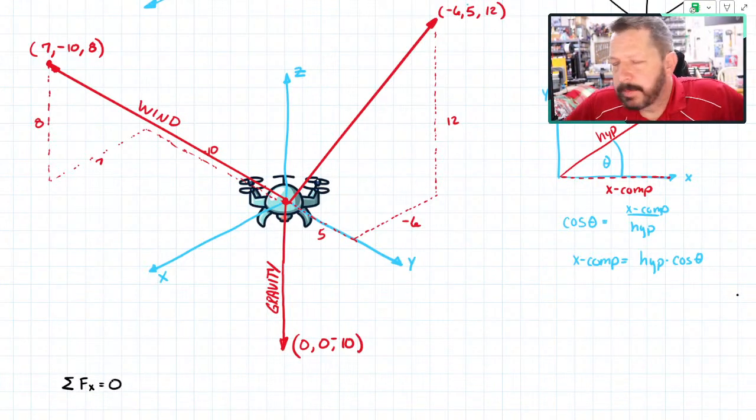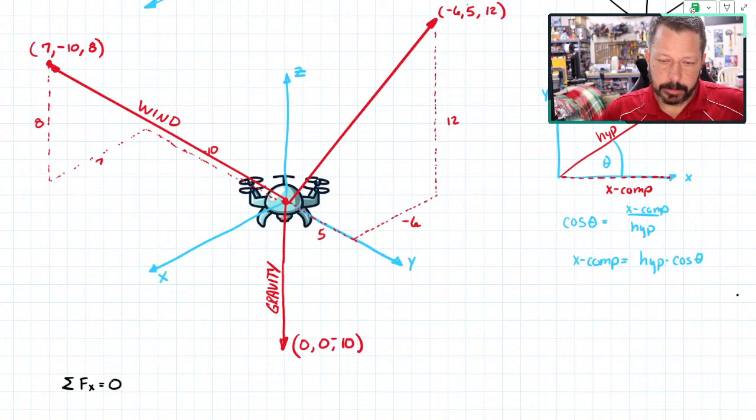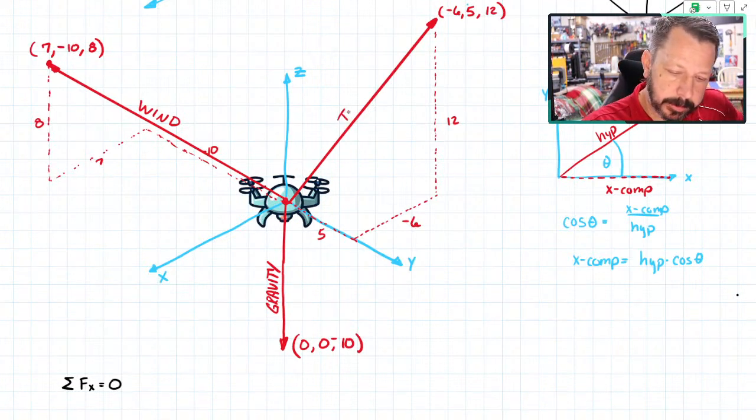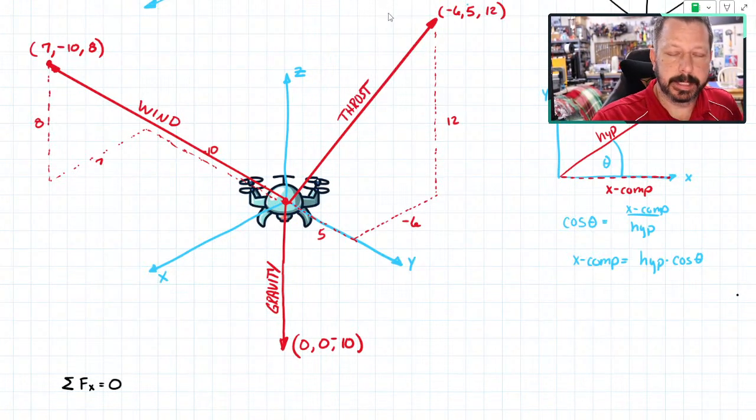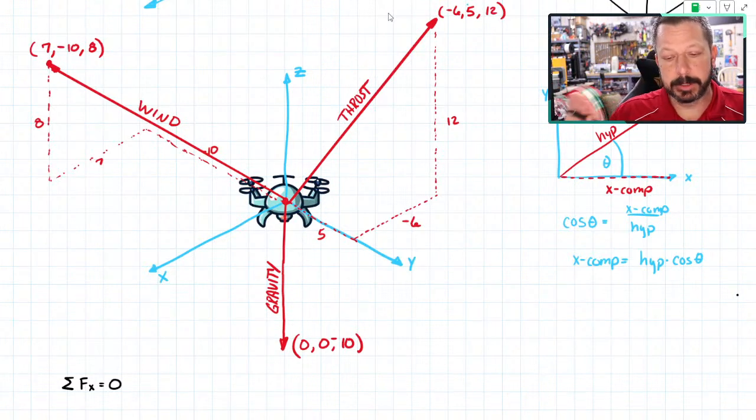So I've written summation of forces in the x direction equals 0. Oh, I didn't write one thing. The last vector that we drew was thrust. That's the drone's propellers moving it in some direction, but not straight up. It's moving it kind of away from us and up.